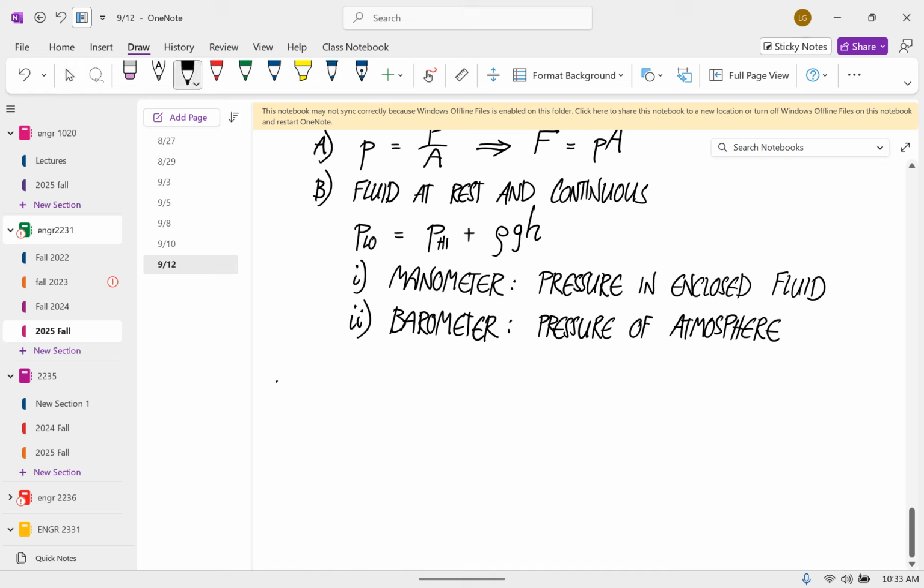Then we talked about temperature. So first, we talked about instantaneous temperatures.